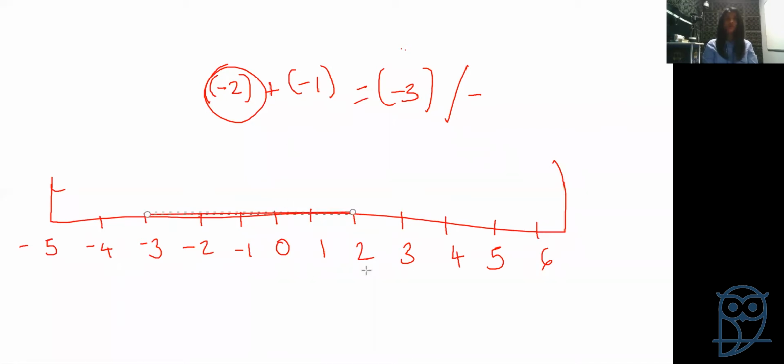So +2 plus -5 is going to give me -3. Does everybody understand that? Is anybody confused or unsure? Okay, so most of you understand what I am doing.